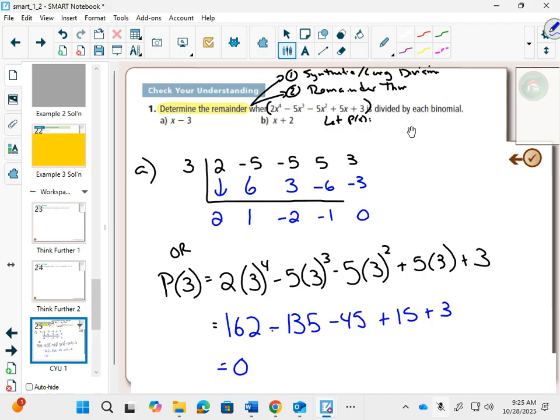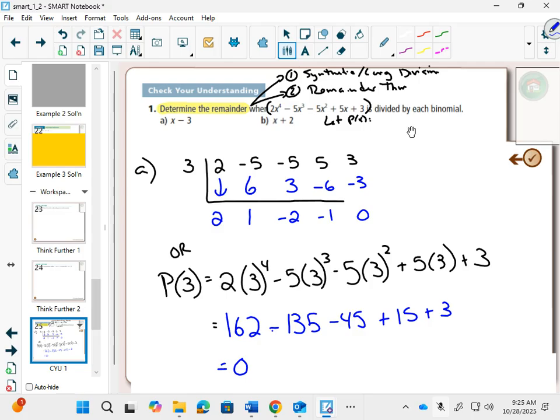I'll probably assign it a little bit later, but oh yeah, 12B. Okay, questions? We could do the same thing for part B. It's exactly the same, so I'm not going to spend time doing it right now.